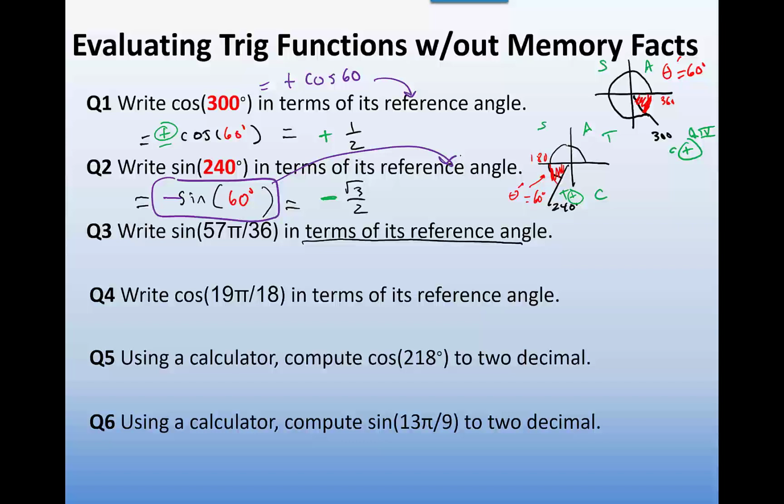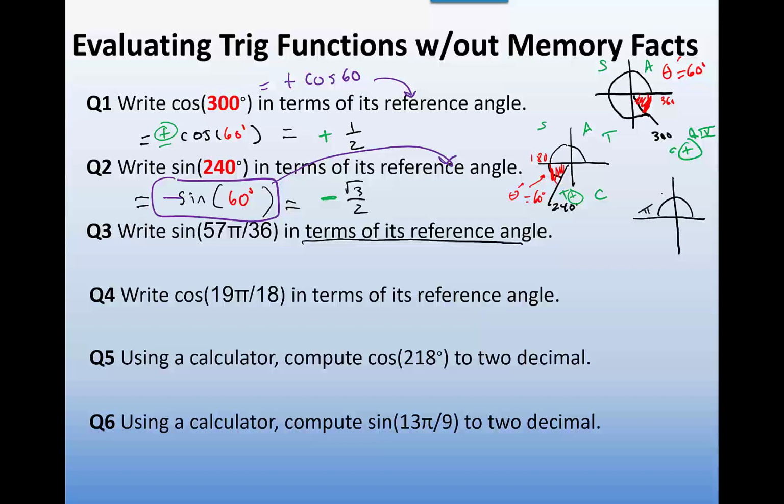Now, numbers 3 and 4 are a little bit more involved because these are much more complex angles. But you're going to work on the same way. Number 3, we need the reference angle. So let's draw a picture to help us see what the reference angle is. Okay, so if I do a half circle, that's pi.